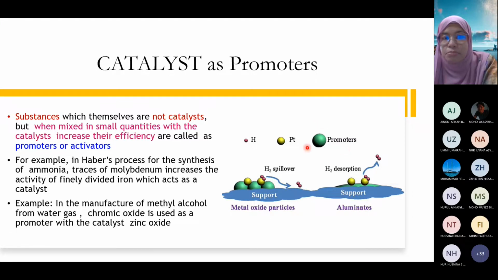Okay, but this promoter is a substance that acts as a promoter. This is not a catalyst, tapi dia akan absorb on the catalyst to help increase the efficiency of this catalyst for the hydrogen reaction to occur.